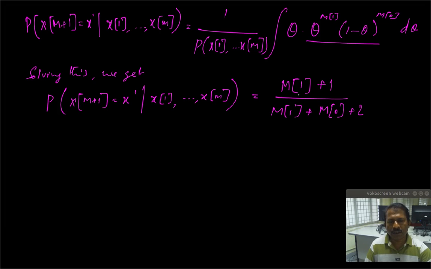MLE was the number of heads divided by the total number of tosses, right? But here you can see additional terms are coming up. These additional terms are basically one count added to each outcome: m1 added with 1, m0 added with 1, so both ones make 2.